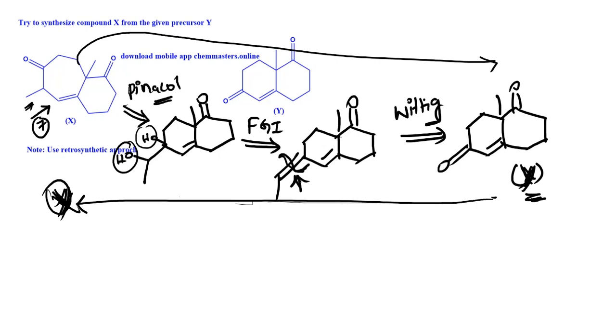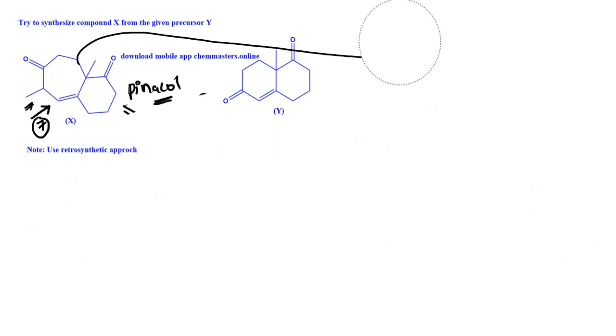Now we can start from the starting material, or we can say synthon. Here we need to protect this carbonyl group. Do you know why? Because this carbonyl group is unconjugated, whereas this carbonyl group is conjugated.